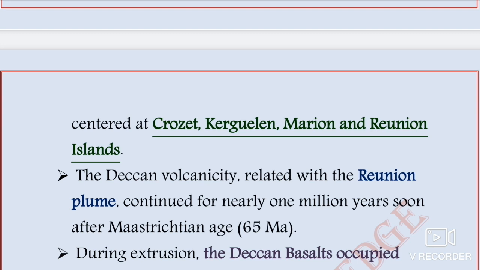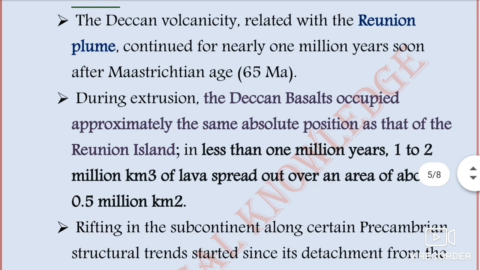When we were talking about the Deccan traps, we talked about the Deccan volcanicity that took place with the Reunion hotspot, or Reunion plume, and continued for nearly 1 million years, soon after the Maastrichtian age. The Cretaceous time has been further subdivided into some series. The Maastrichtian age is 65 million years ago. During the extrusion, the Deccan basalt occupied approximately the same absolute position as that of the Reunion Island.